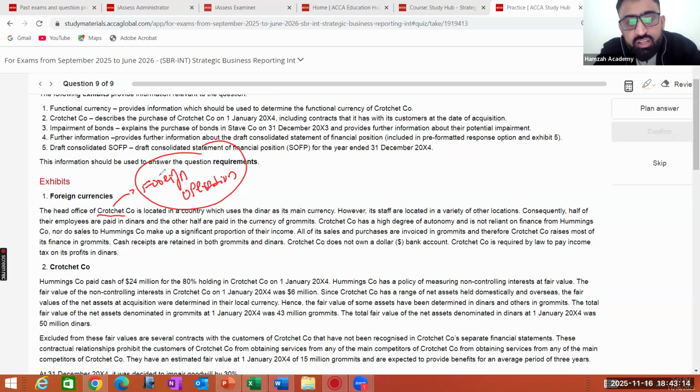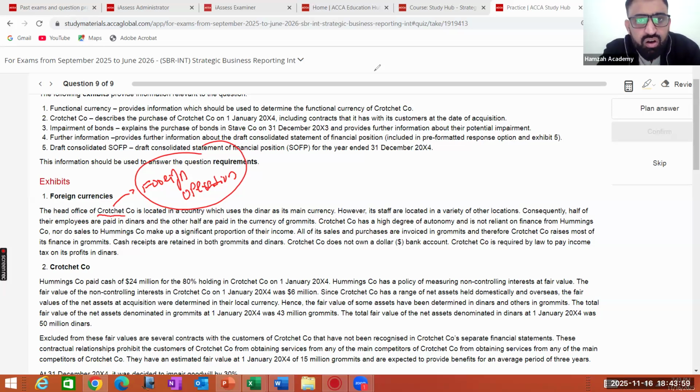According to IAS 21, if we have a foreign operation, the first step is we need to determine whether the functional currency of the parent company, the investor company, may be the functional currency of the foreign operation. Like here, Hummings Company's functional currency is US dollar. The first thing we need to consider is whether we can conclude that the functional currency of the Hummings company, the parent company, is the functional currency of the C company, the foreign operation subsidiary.